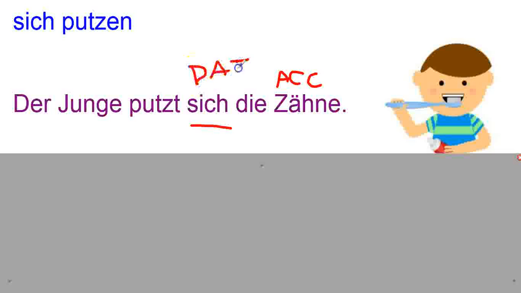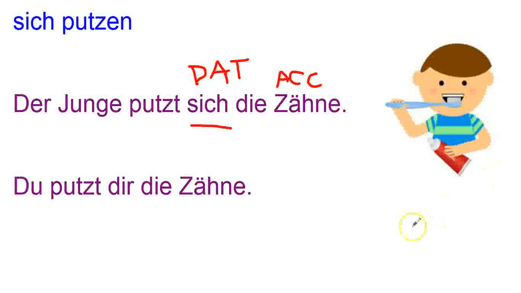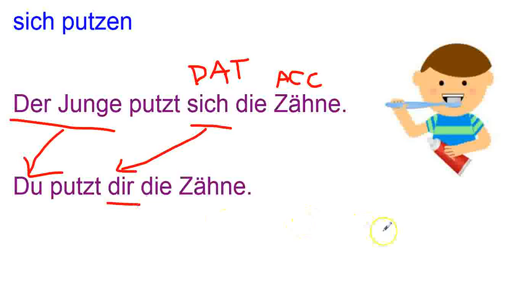So this is dative. But the nice thing about sich is it's the same accusative and dative. So if I change der Junge to du, clean yourself the teeth, the dative still holds true, but dich is accusative, dir is dative. So du putzt dir die Zähne.